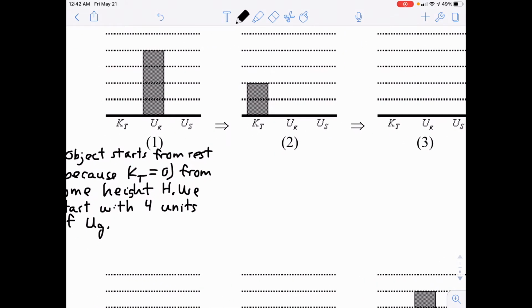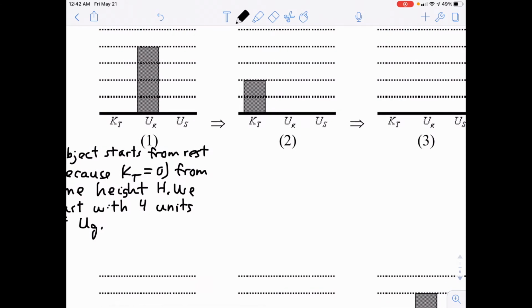Now, if you look at picture 2, you have completely reached the bottom of whatever the situation is. The reason we know that is we no longer have gravitational potential energy like we did over here. We have 0 gravitational potential energy. And notice nowhere in here do you have a spring, so we don't need to worry about that. But what we do know is the object has reached the bottom, presumably the bottom of a hill.